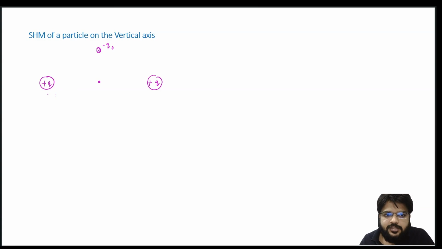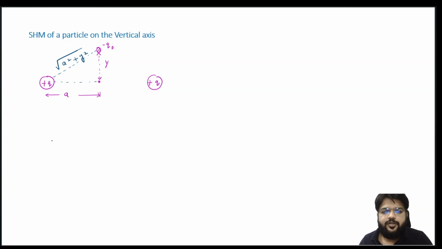And this distance is a, everyone, from here to here, and this distance is y. So this is a, this is y, everyone. So this is under root a square plus y square. From the Pythagoras theorem we get this distance between the plus q and q naught charge.